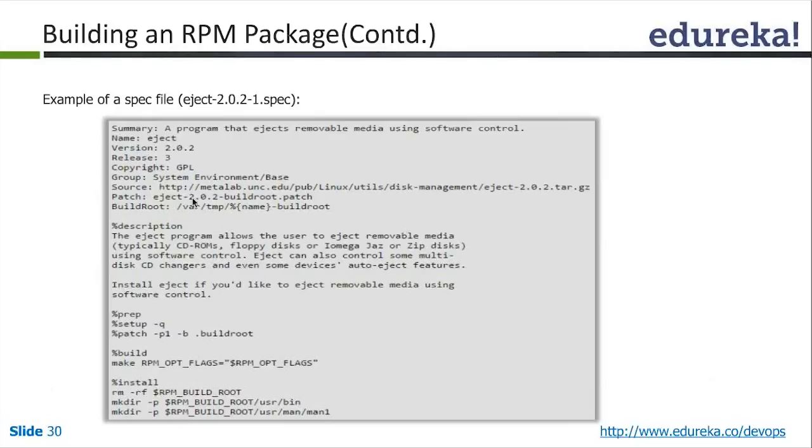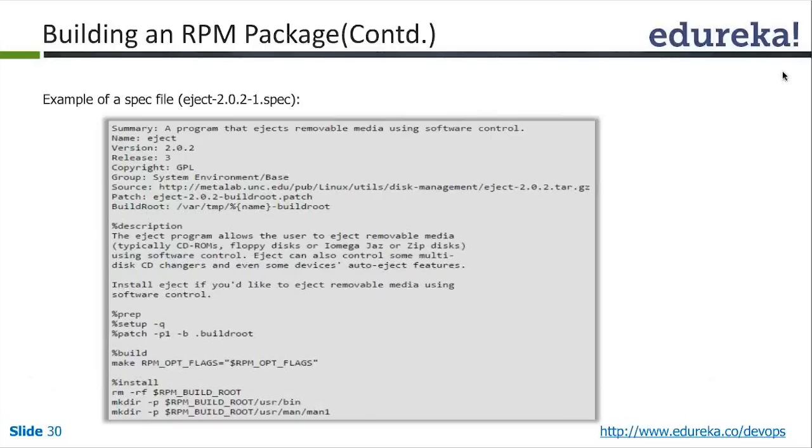It tells you the summary of that whole package: what the package does, its name, its version, where the build root is, and what you need to do as a part of it. When you install, what are the directories that you may want to create, and if it is a C file, you have to compile it. All that information is kept in this spec file.